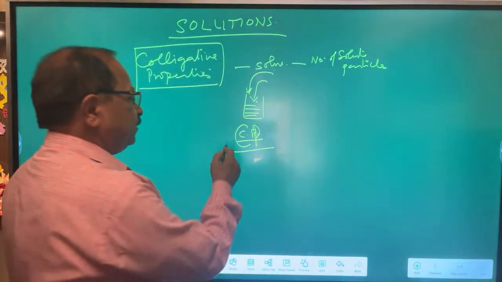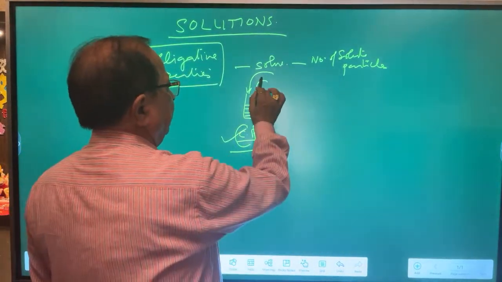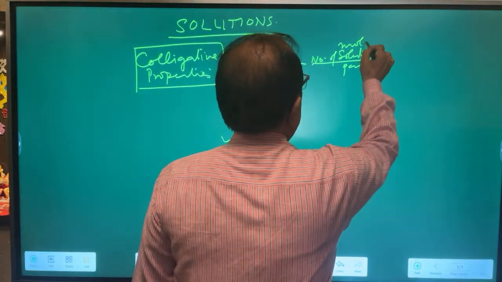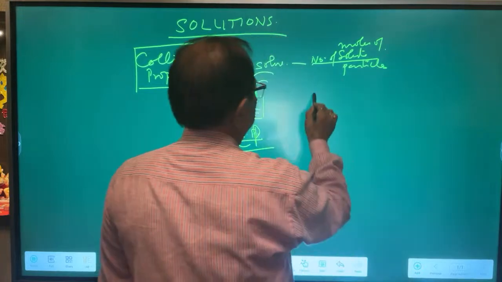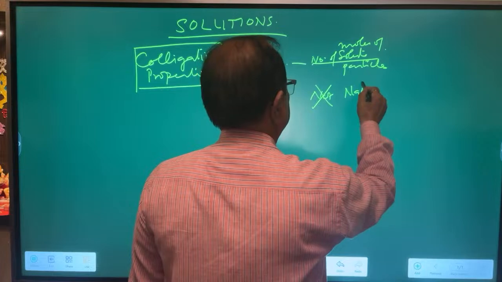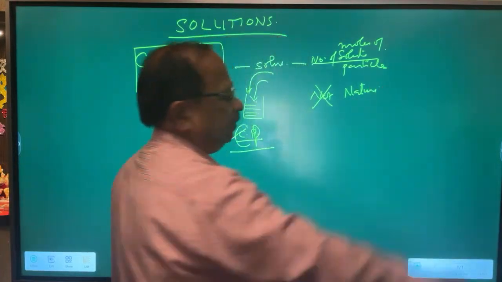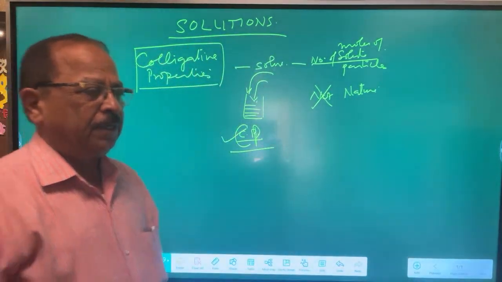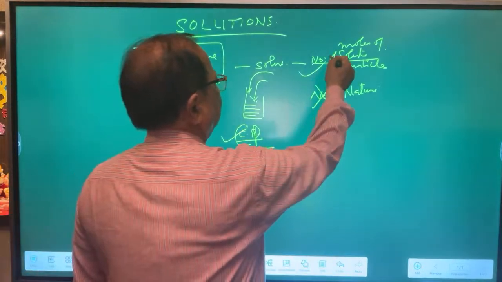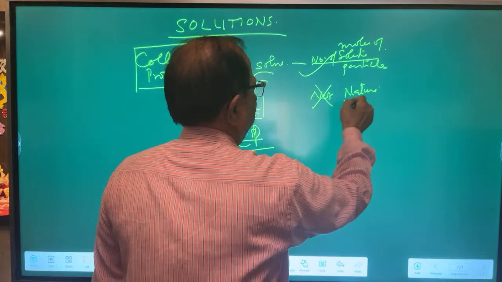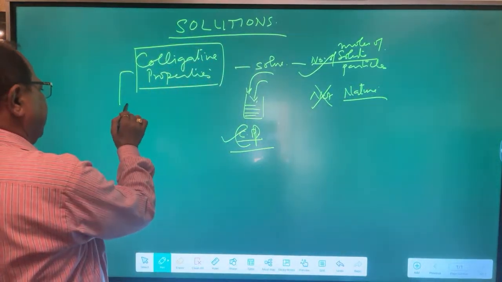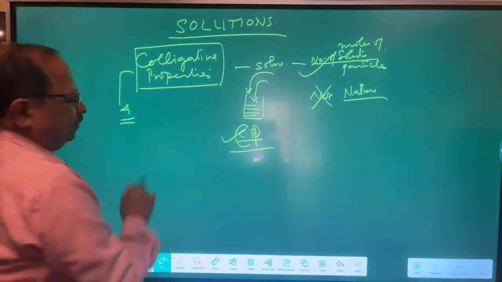That means these qualitative properties depend on the number of moles of solute, and not on the nature of the solute. So qualitative properties are the properties of solutions which depend upon the number of solute particles but not on their nature, right? So there are 4 qualitative properties which you are going to study.